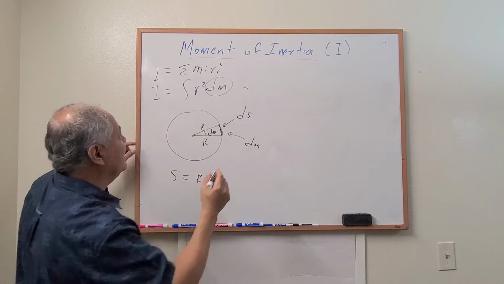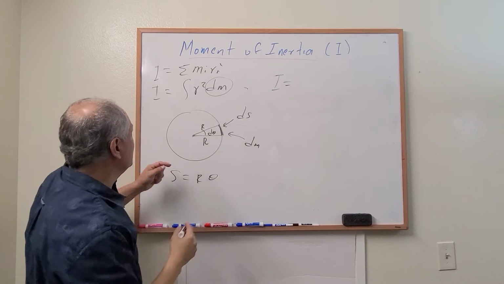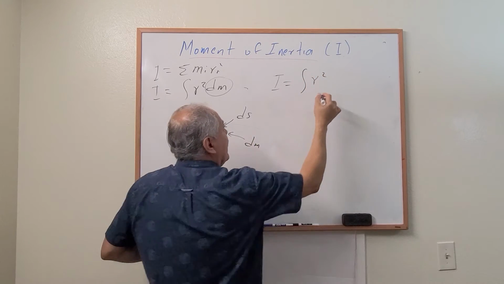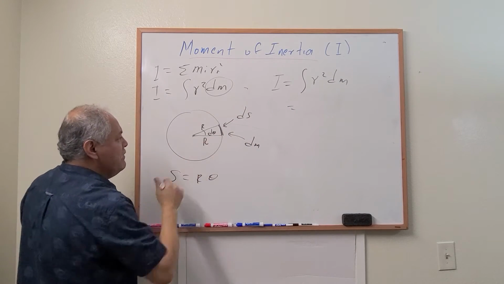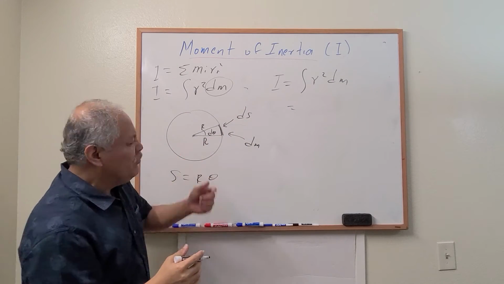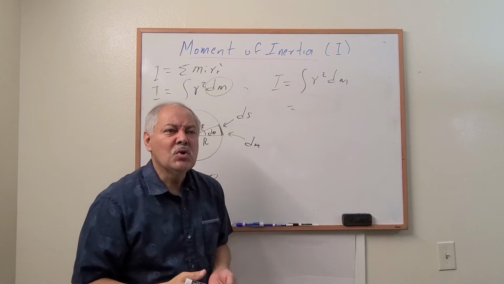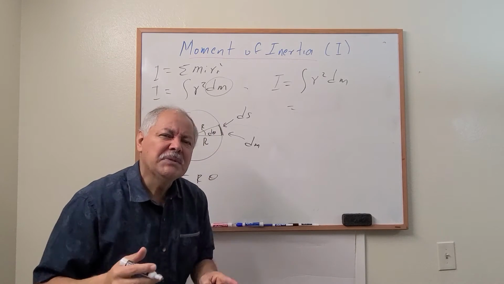So the moment of inertia for a ring is equal to the integral of r squared dm. But what is dm? When we're dealing with solids, we use densities, and we have three types of densities.